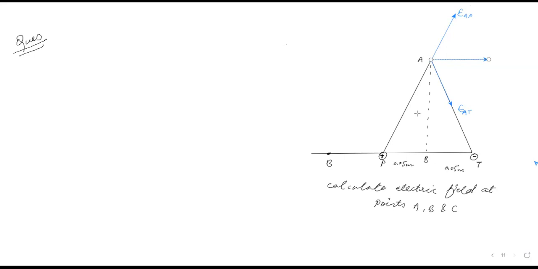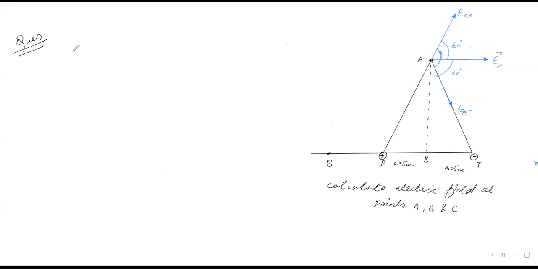It is because the triangle is equilateral. So the whole angle is 120 degrees, and the individual angles of both will be 60 and 60 degrees.